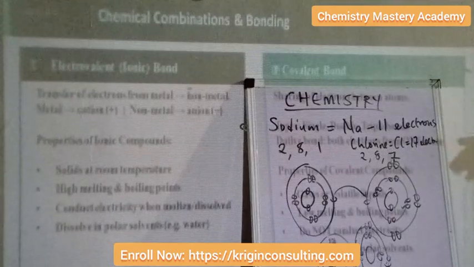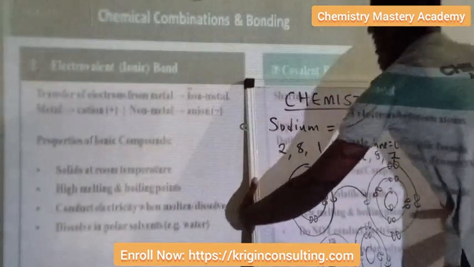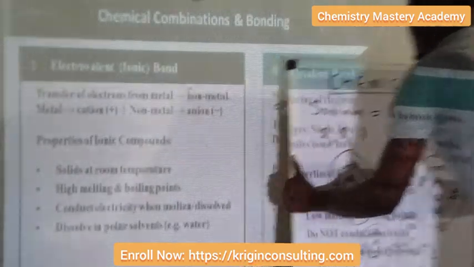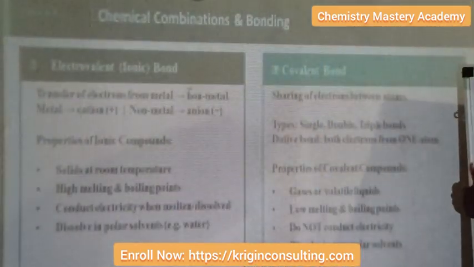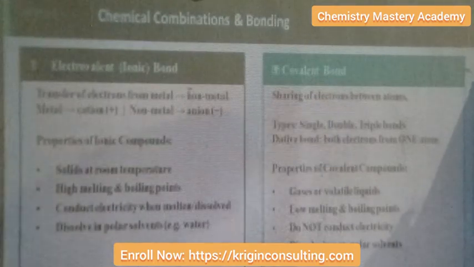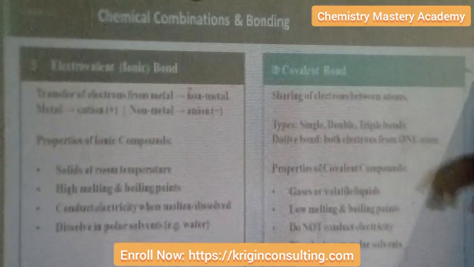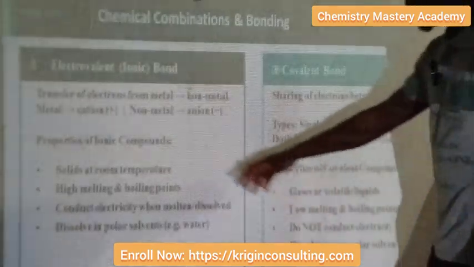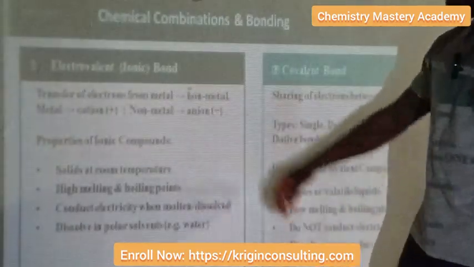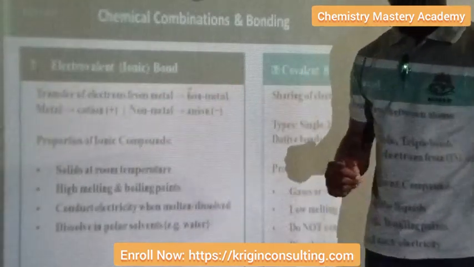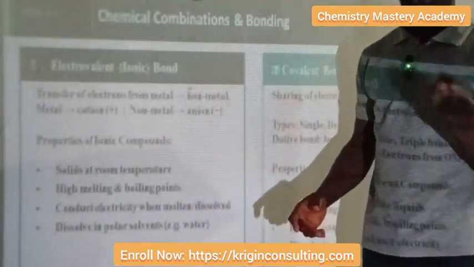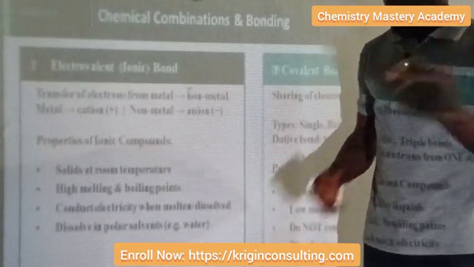Alright, having said that, let's now move on to the other type of bond. But before we move on to the other type of bond, let's look at some properties of ionic compounds. Now, first of all, let's understand what ionic or electrovalent compounds are.